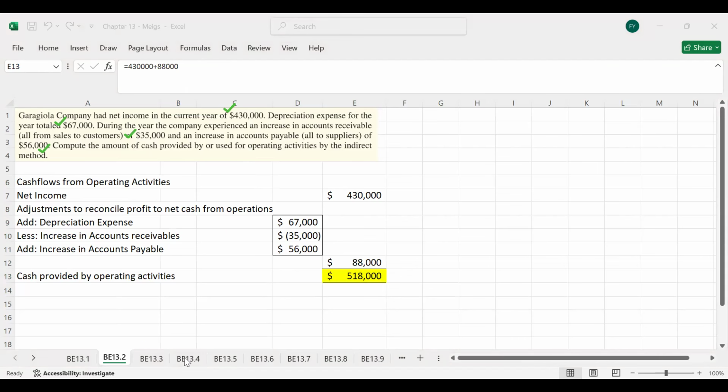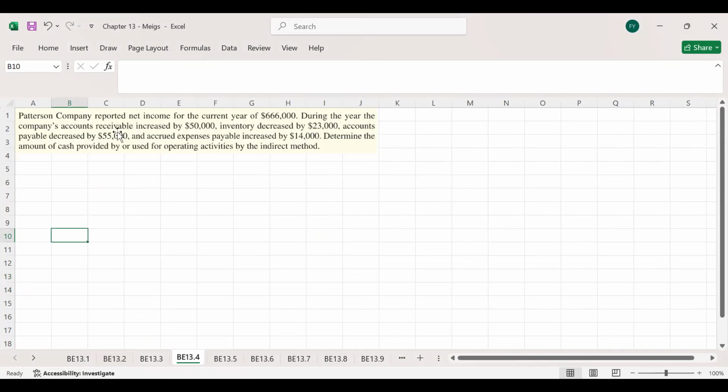Then next is 13.4, and in 13.4 we have net income, which is $666,000. Then there's an increase in accounts receivable, a decrease in inventory, a decrease in accounts payable, and an increase in accrued expenses payable.